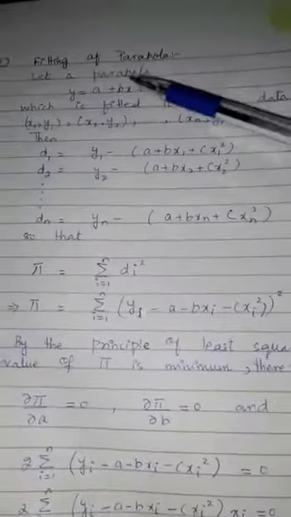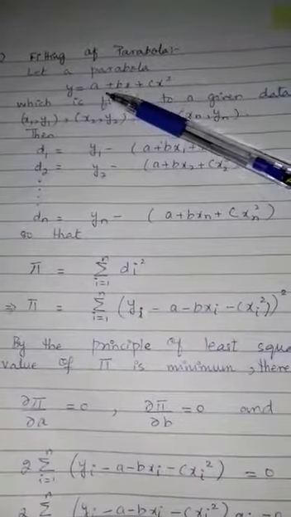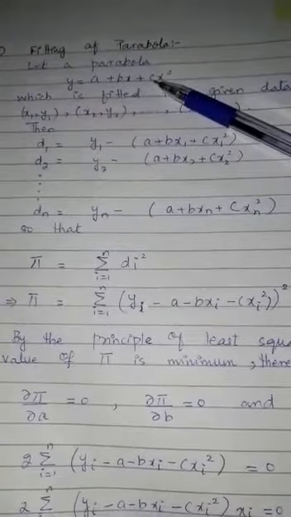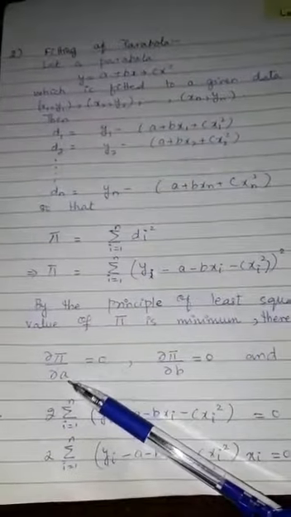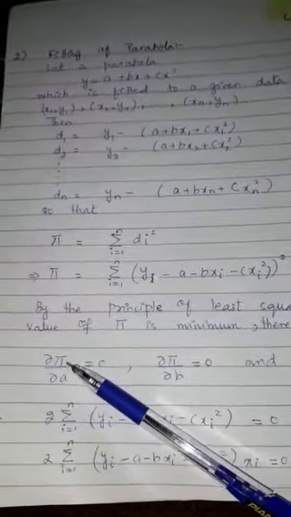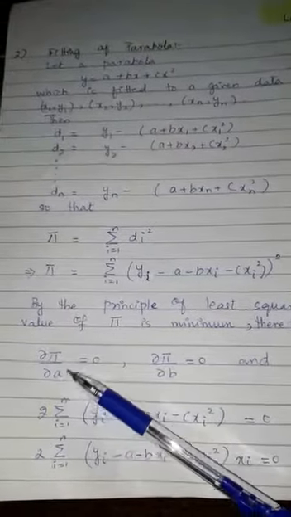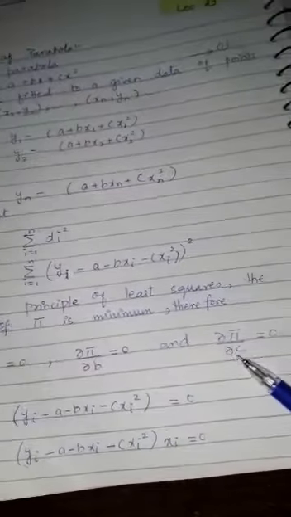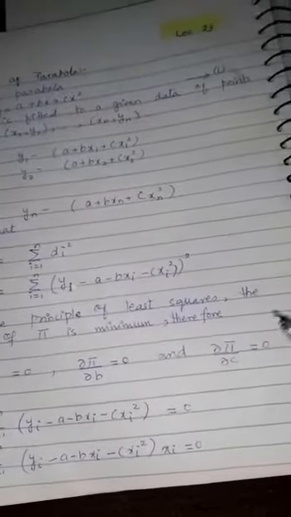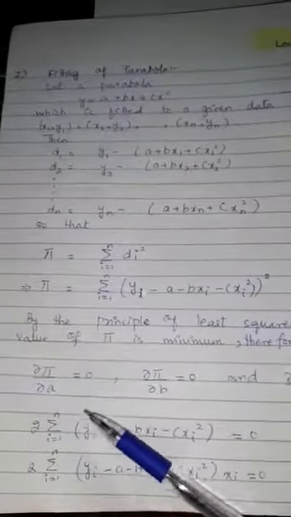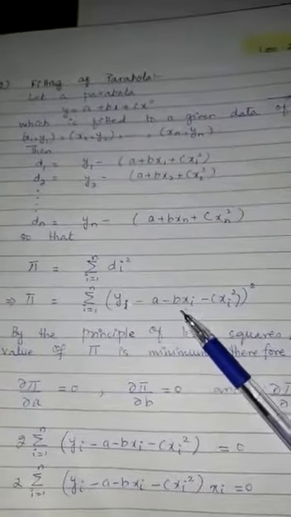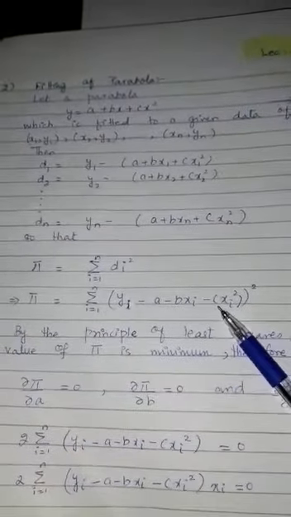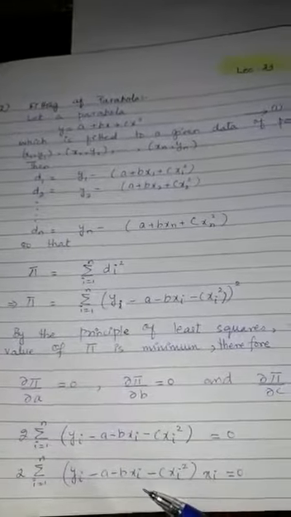Now you can see that over here we have three constants a, b, c, and I have to separately take the derivatives of this equation with respect to these three constants a, b, and c. On the same lines, when I take the derivatives with respect to a, with respect to b, and then with respect to c, I will be getting these equations.